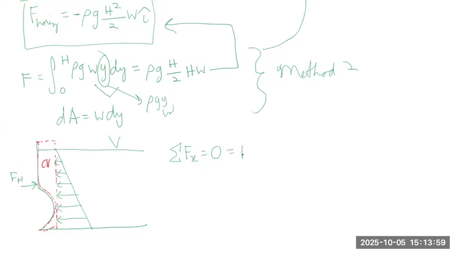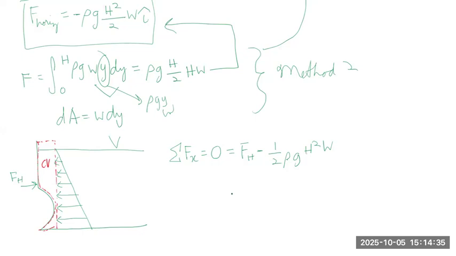And it's equal to the horizontal force the wall exerts on the control volume, minus the resultant pressure force in the horizontal direction acting on the wall, which is 1/2 rho g h squared W, as we found in this previous example.